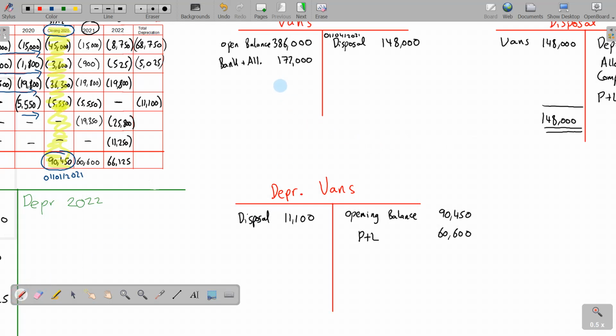Now what we need to do, anything that's in the balance sheet, we need to balance it and bring our balances down. Which side is bigger?